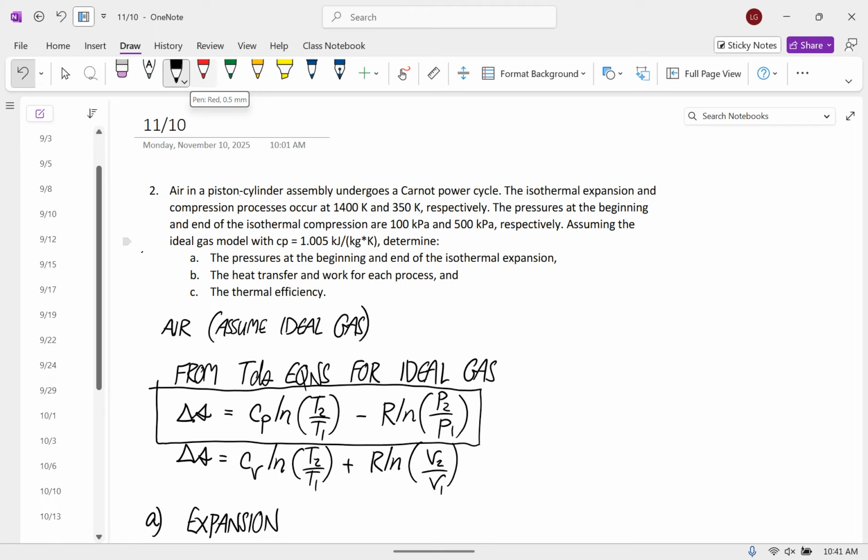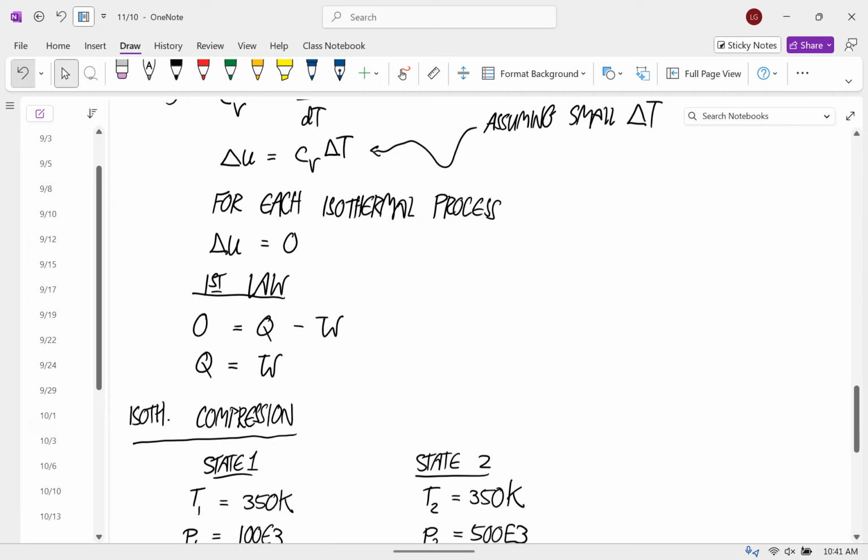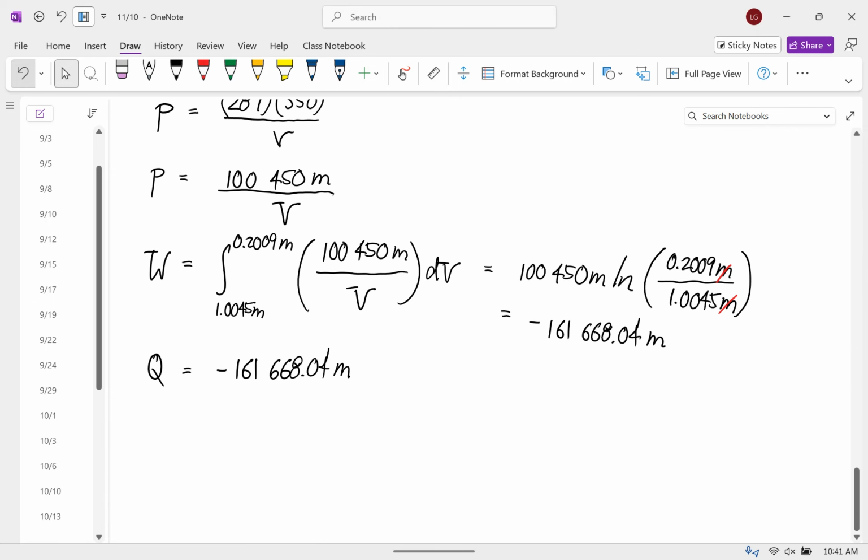And then the thermal efficiency. So this is part C for the thermal efficiency.